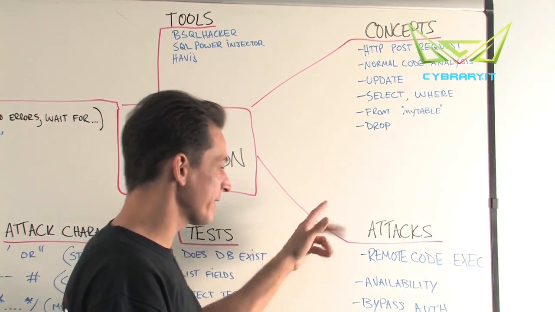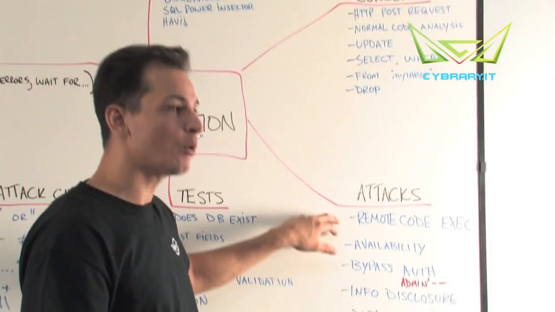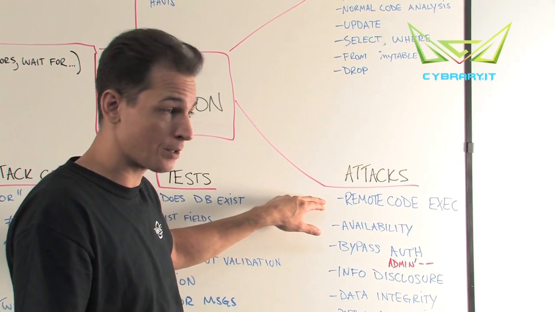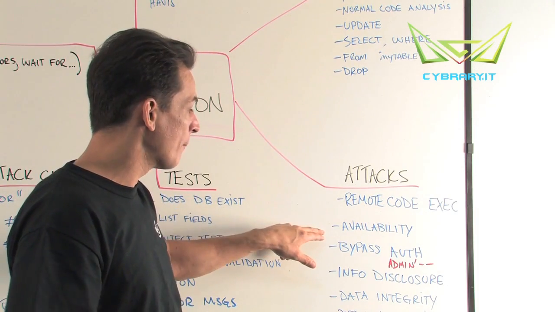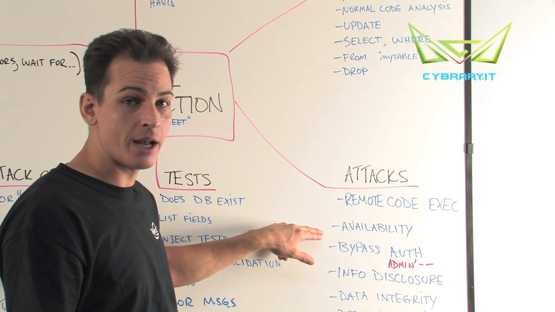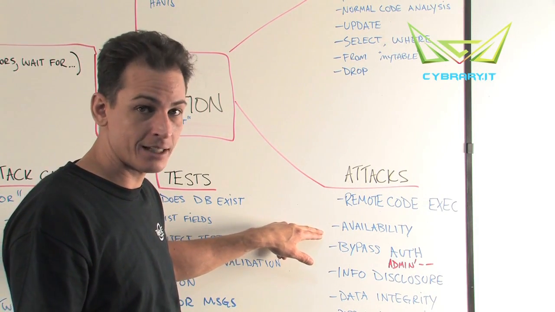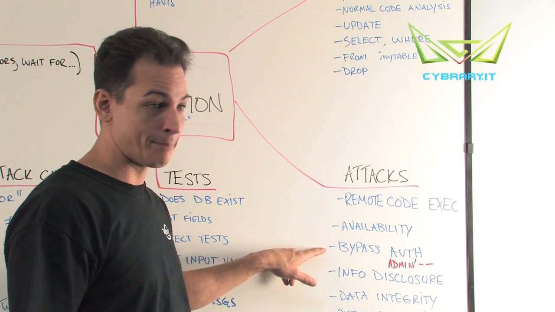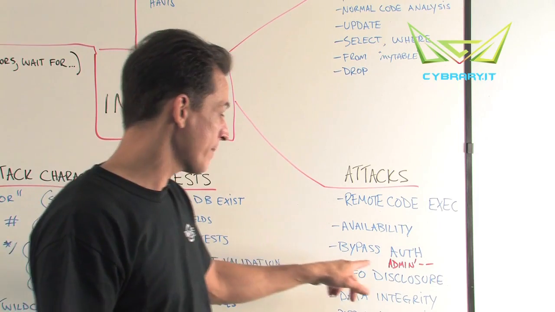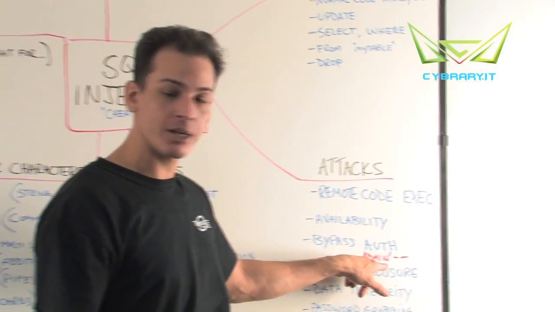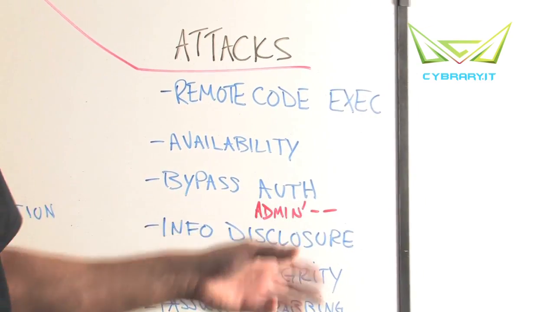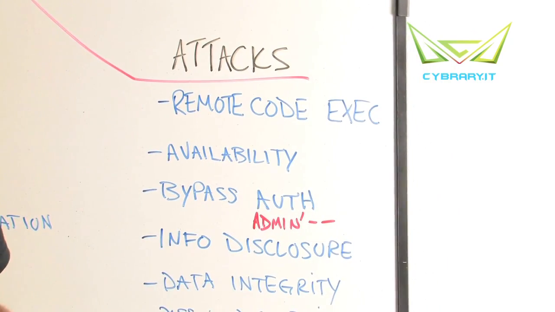Let's talk about some of the attacks. Ultimately, what you can do if you get really skilled at SQL injection is remote code execution. That's good. Also, you can knock the database offline so nobody else can access it. That's an attack on availability. You can use tricks like bypassing authentication, maybe sending the admin credentials followed by a single tick and --, which is a comment marker, and then comment out the requirement for the password.